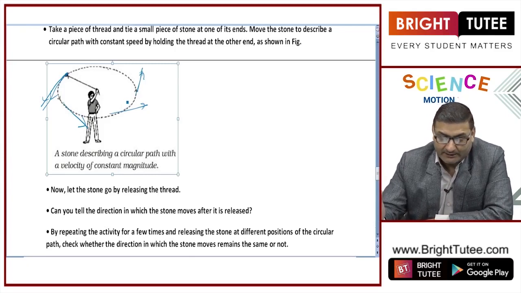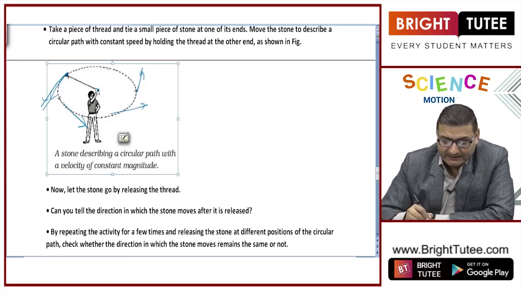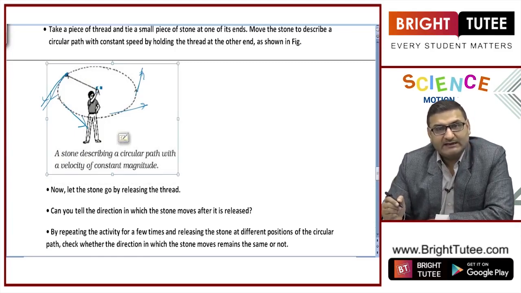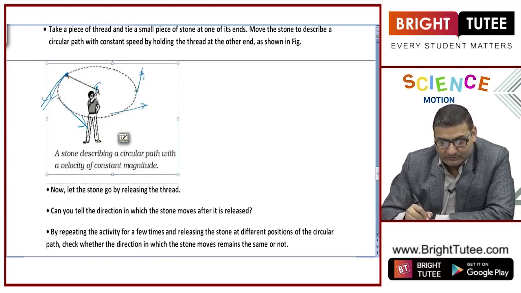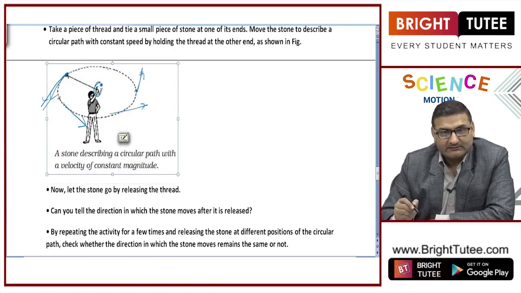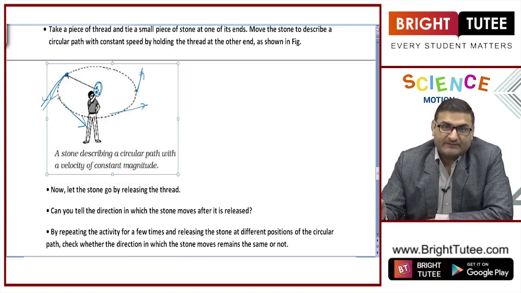Fine. Now, important thing, you need to know that when we are moving an object in any circular orbit or circular path, fine, then the force which is exerted from the center is known as the centripetal force, right.